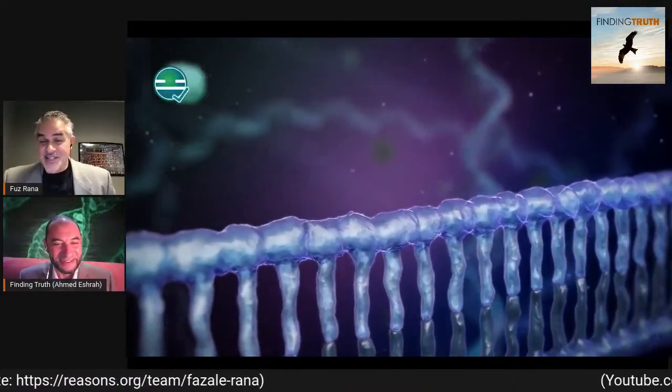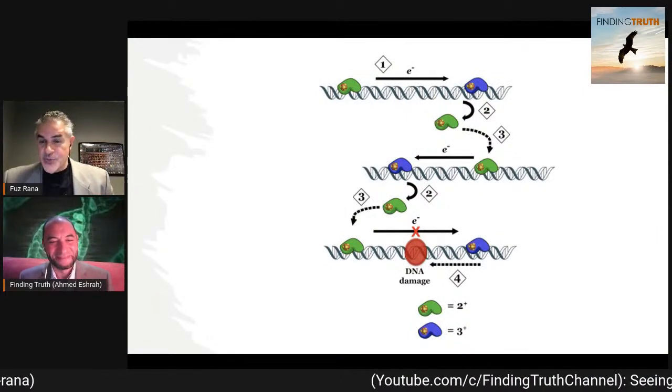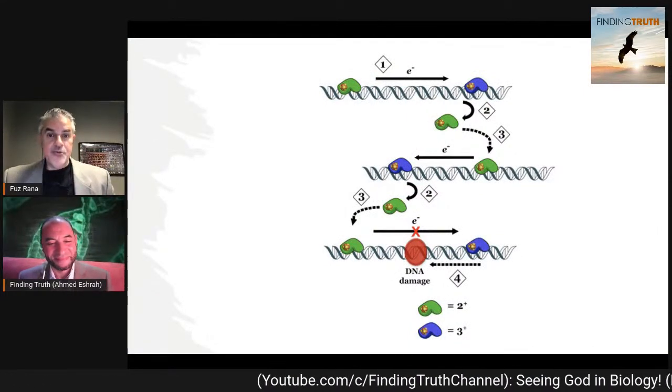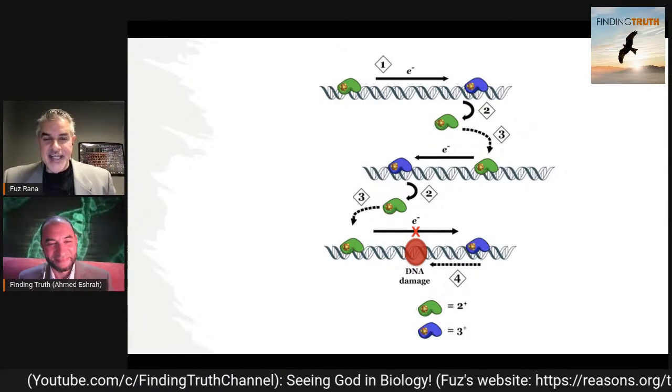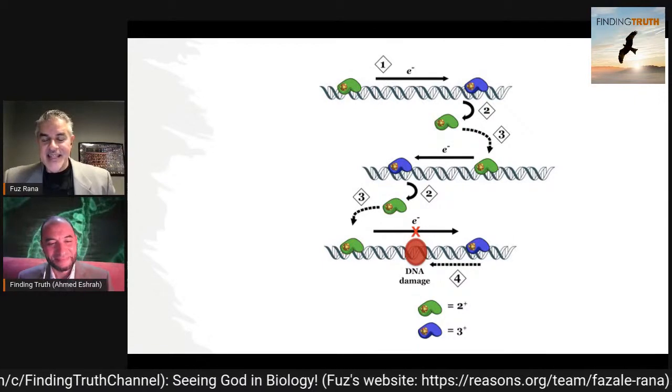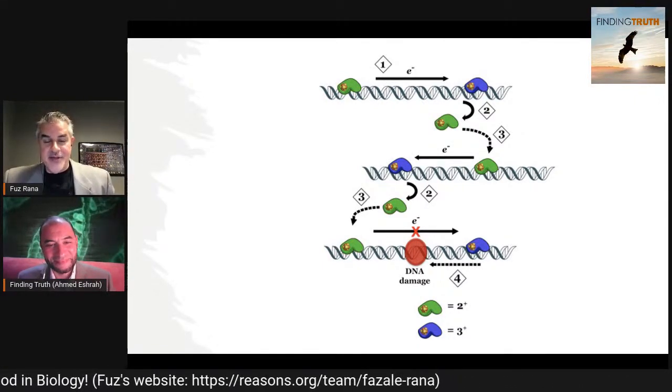Well, and this is how they do it, and this is really a fairly recent recognition, that this is how, again, the proteins can very quickly find the DNA damage and repair it.